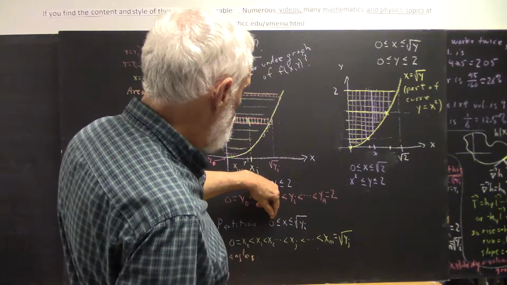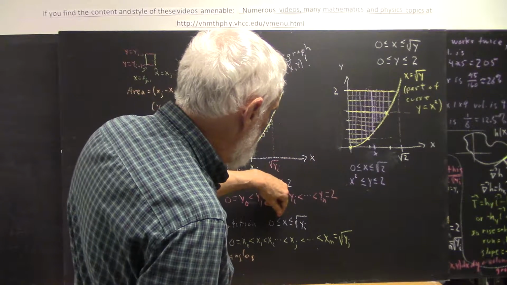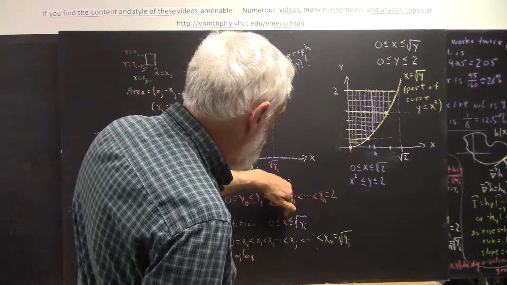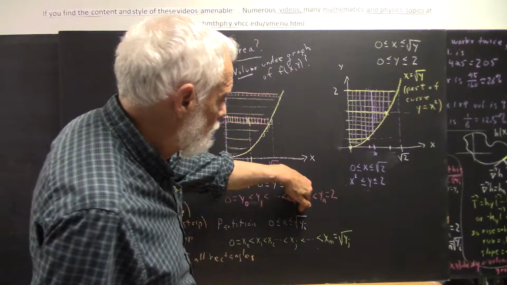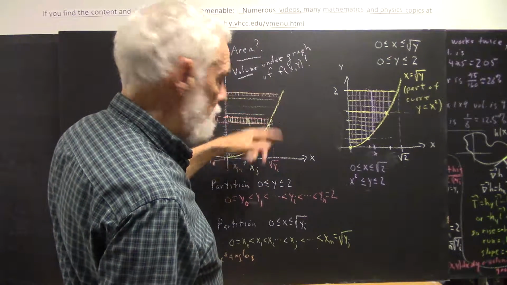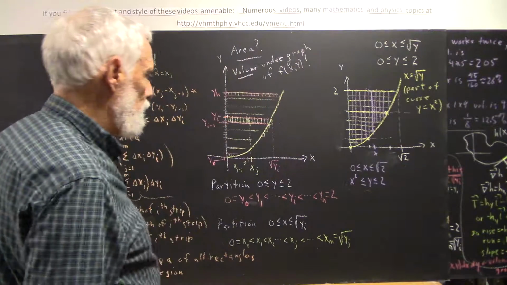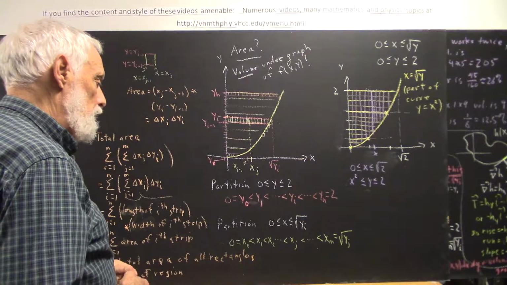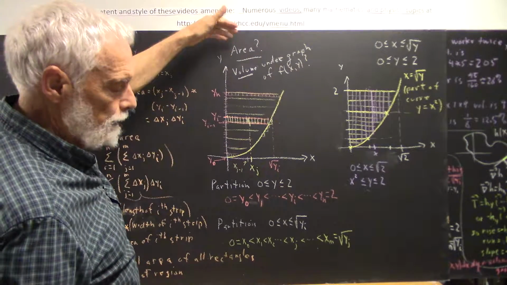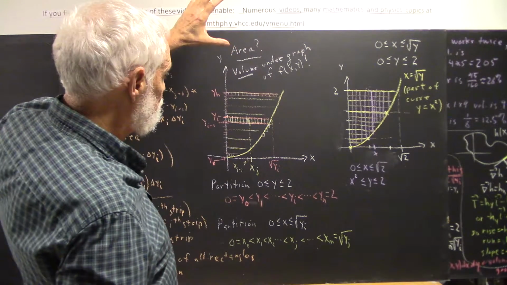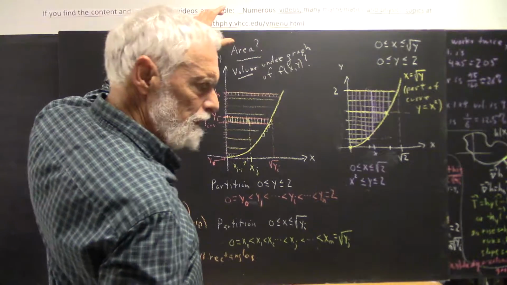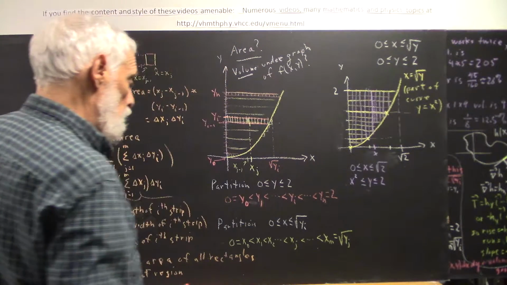I'm going to partition the x interval from 0 to the square root of y i, and claim that that gives me some reasonable approximation that's going to lead us to a technique for evaluating area and or volume.